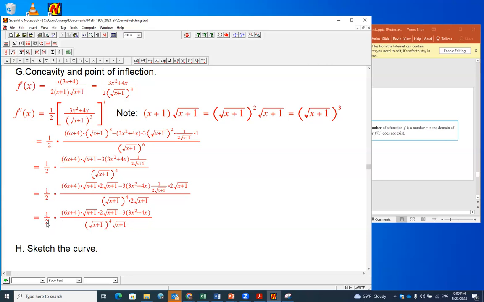We can even have the 4 if you like, and this will be power 5. There. Now, there's a 2 here, so I'm going to put the 2 in the front. You cannot take it out because here you have a subtraction. But these 2 pieces, that's going to make x plus 1.